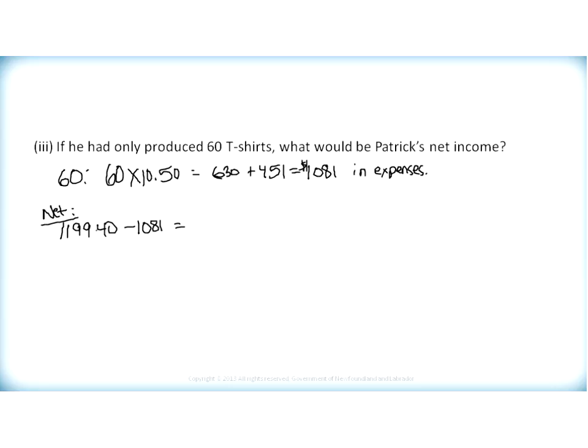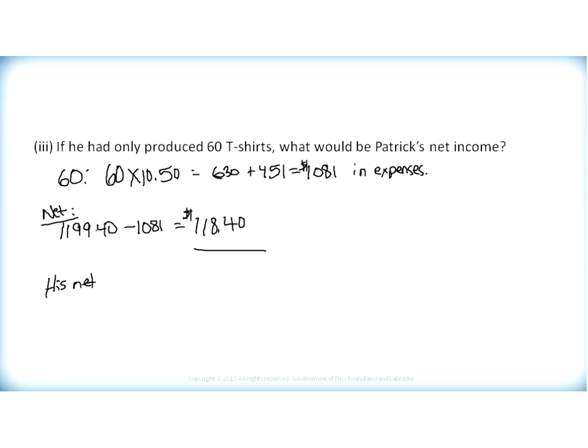And it tells me if he hadn't been a little overzealous in making his t-shirts, he would have made $118.40 for that month. So he actually would have made a little bit of a profit. So if he didn't make too many t-shirts, he would have made a profit.